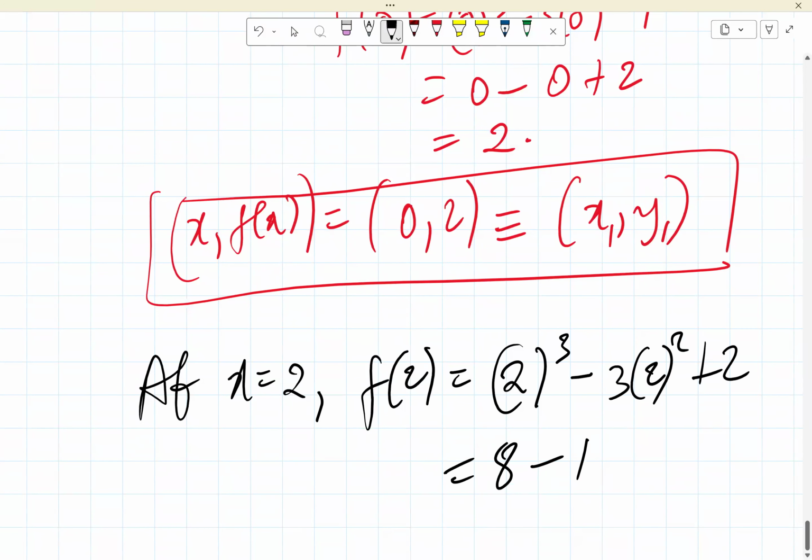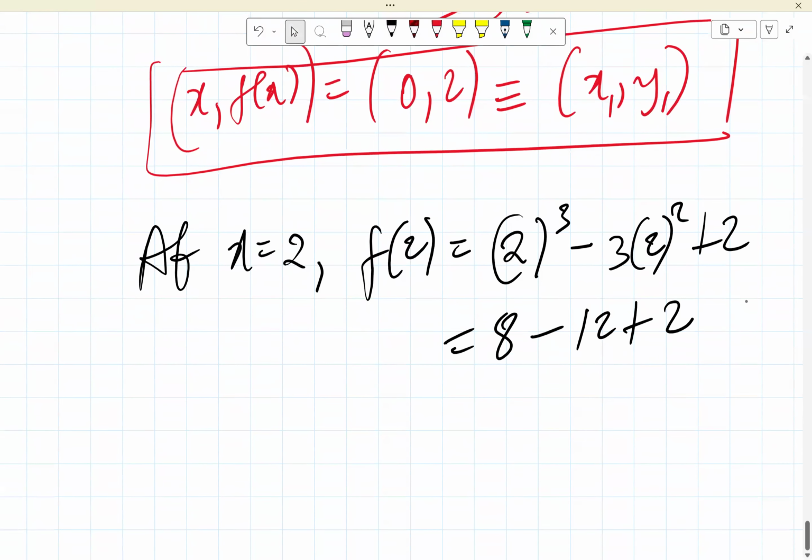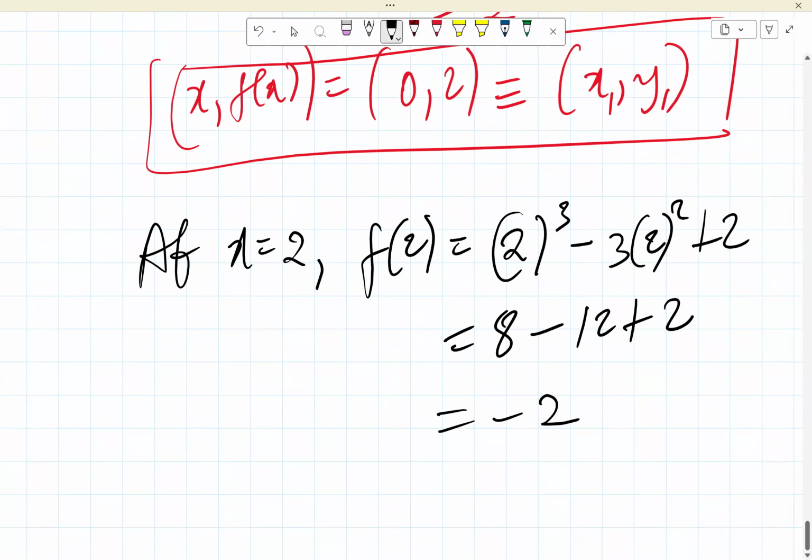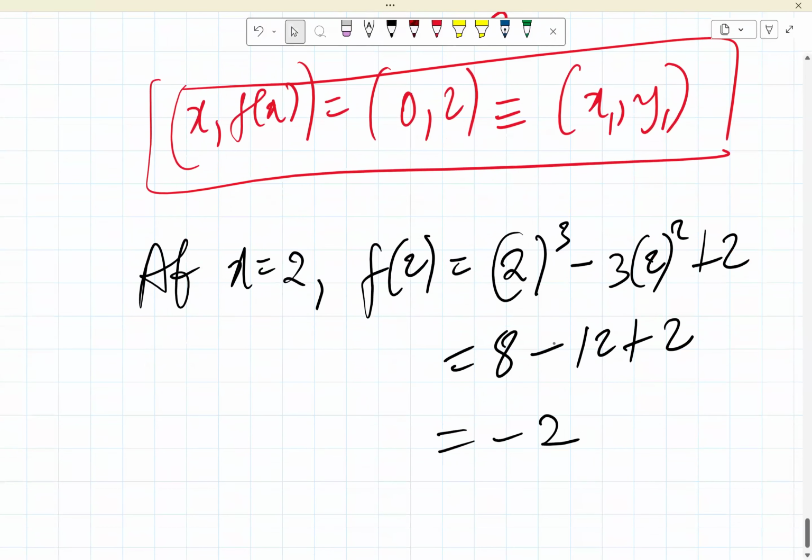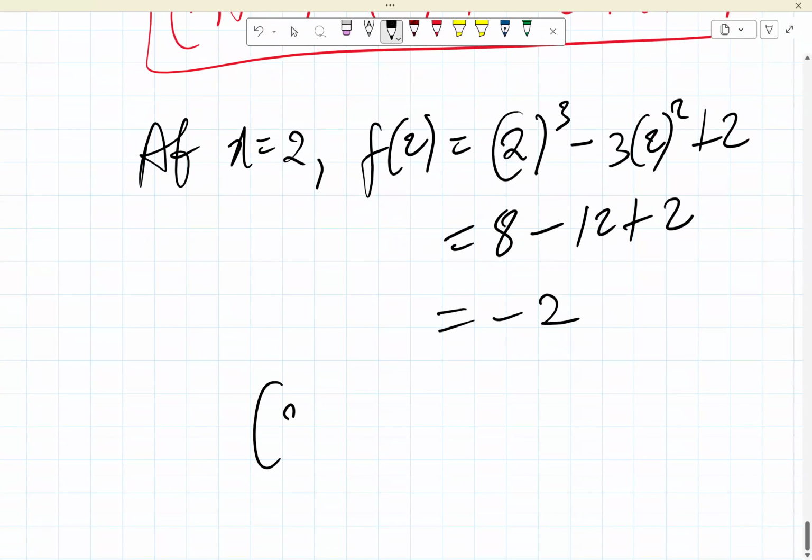That's 8 minus 12 plus 2, so that is minus 2. So again, we have 2 comma minus 2. X is 2, f of x is minus 2.